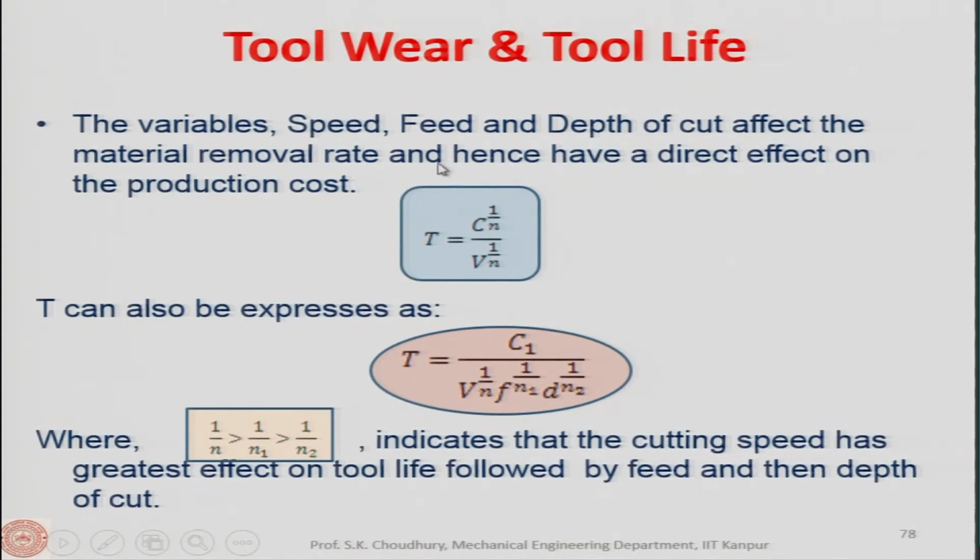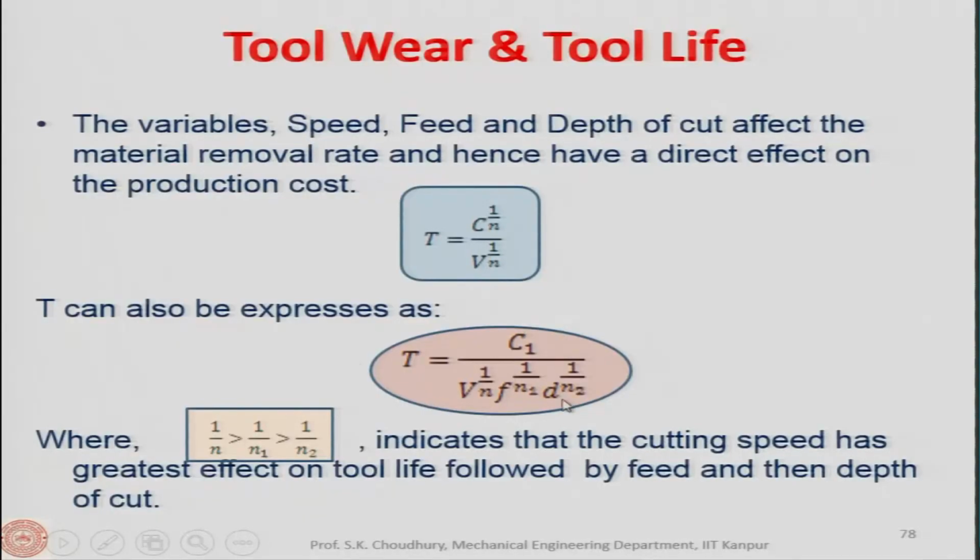Considering this, the subsequent research after Taylor's tool life equation says that the tool life equation can be expressed in the following way: T is equal to a constant, let us say C1, divided by V to the power 1 by n, F to the power 1 by n1 and D to the power 1 by n2.